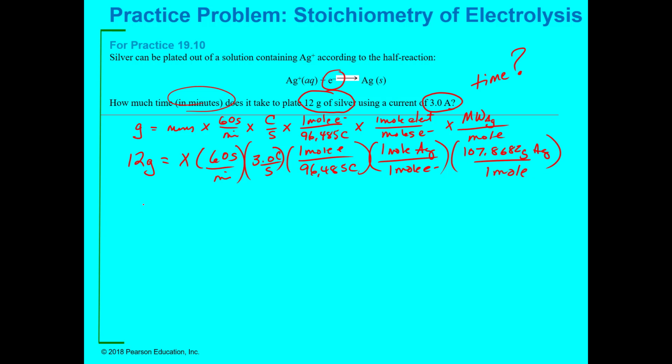All right, and then you get 12 grams equals, and you multiply all that other stuff out, and you get 0.201 times X, and then you divide 12 grams by 0.201, and that gives you X, and that's going to give you 59.6 minutes, sorry.